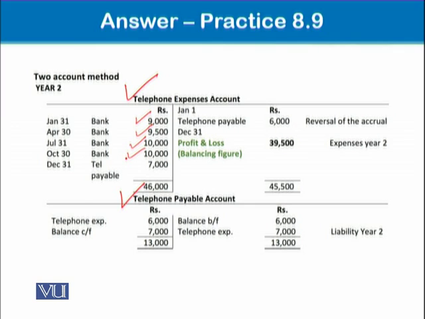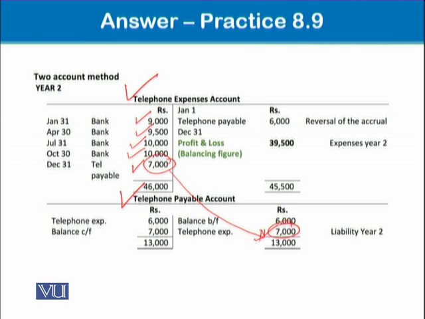These were the payments that we made during the year. And this 7,000 is the amount payable against this telephone expense. Okay, so this 7,000 is appearing here as our liability. It is expense for the year. Debit here and credit here.